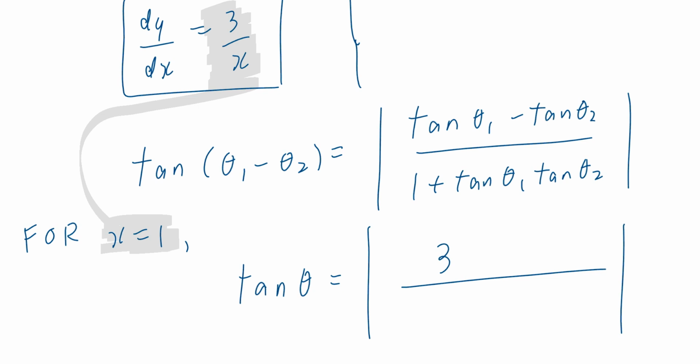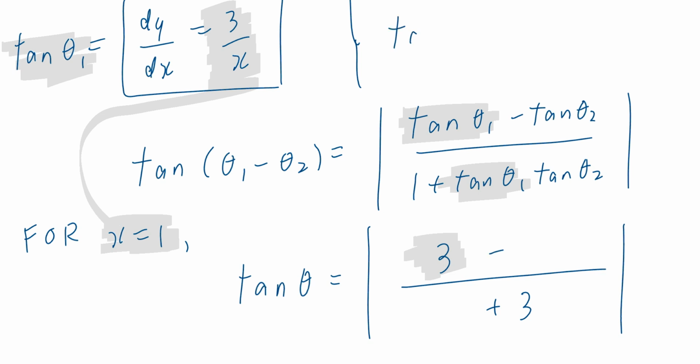So in this case, again, remember, we made the connection that dy by dx equals tan of theta, or in this case, we call this tan theta 1. So tan theta 1, which is here, equals 3 divided by 1, which is going to be 3. Now, if you look at the second part, what about tan of theta 2?